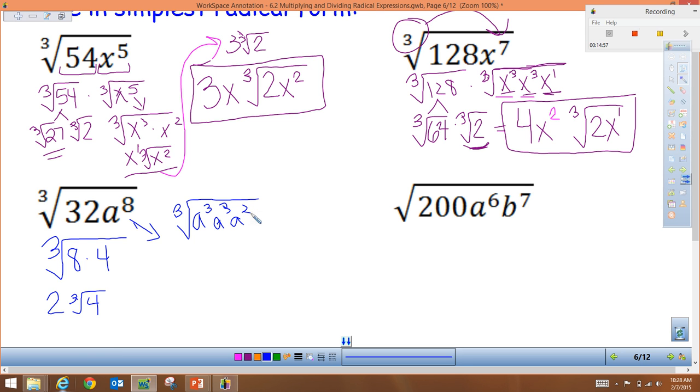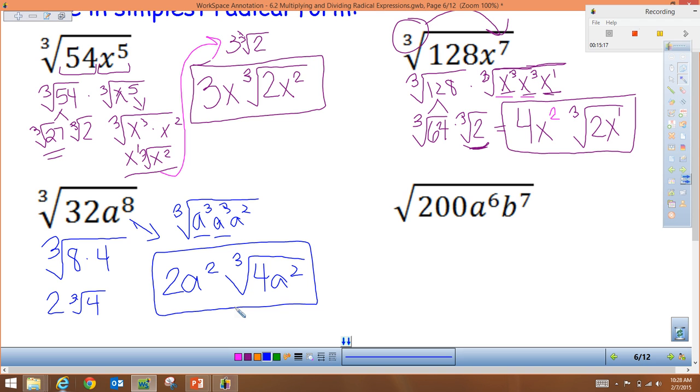So we have 2 that we took out, 2 groups of a cubed, so that's a squared. Left under the cubed root radical, we have 4a squared. Okay? Separate your numbers from your letters, but when you're all said and done, you have to put them back together.